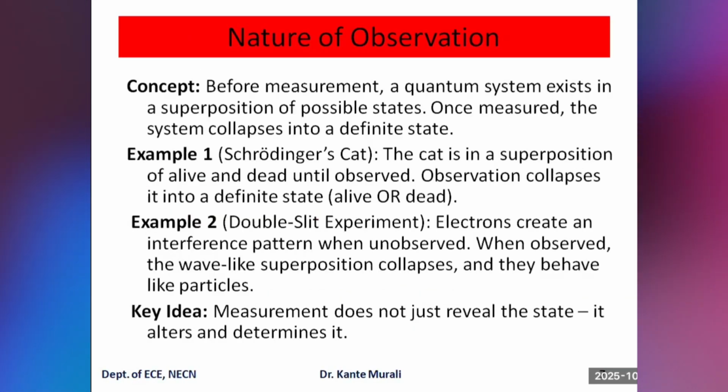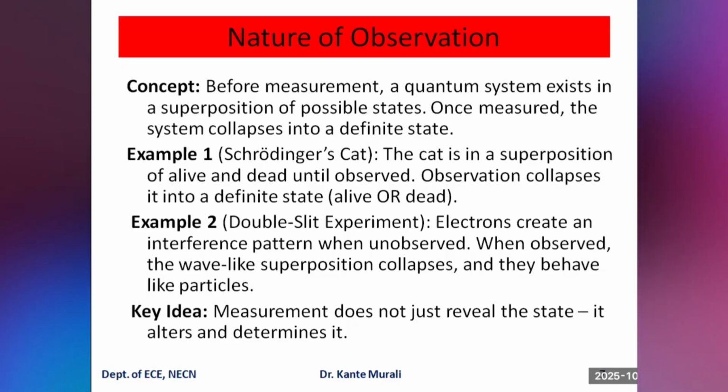Let's recall the concept of the nature of observation. According to the superposition principle, before measurement, a system can exist in multiple states at once. Once it is measured, the system collapses into a definite state. For example, consider a cat in a box, popularly known as Schrodinger's cat. The cat can be both alive and dead until observed.